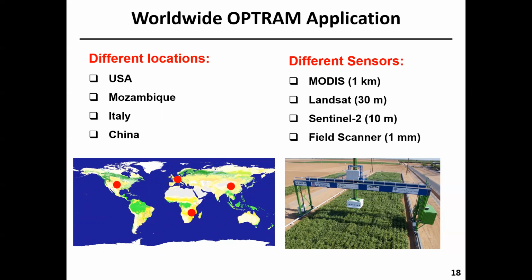Different sensors at different spatial resolution, from MODIS with 1 kilometer resolution data to Landsat with 30 meter resolution, to Sentinel-2 with 10 meter resolution, and also the OPTRAM was used for field scale applications with much higher resolution field scanners, about a millimeter scale resolution, for mapping soil moisture at very high resolution at the field scale.